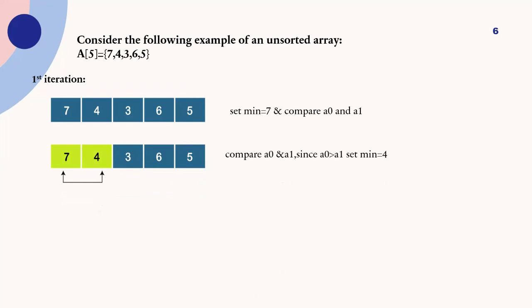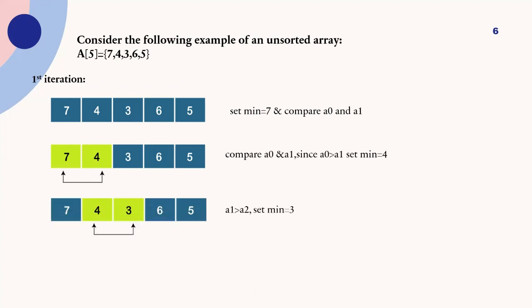Since here 4 is the jth element and it is lesser than 7, we are changing the minimum element from 7 to 4. I am setting the minimum element as 4 now. Again in the next step, comparing 4 with the next element 3. Again 3 is a lesser element than 4. So I am setting minimum equals 3.